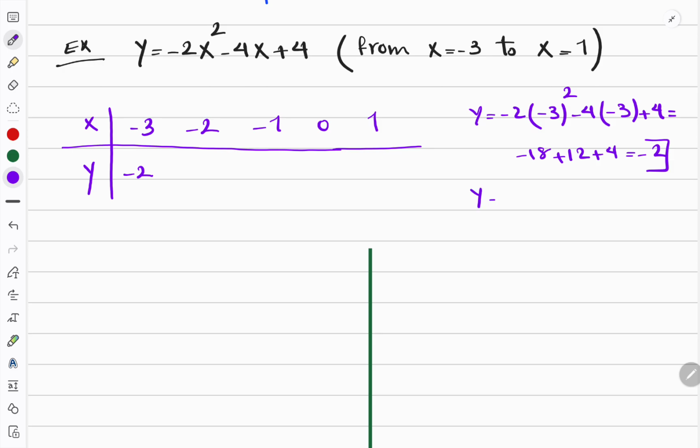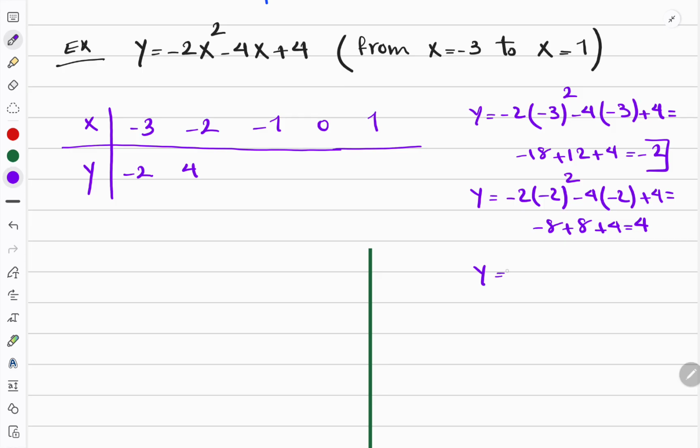And for x is negative 2, negative 8, positive 8 plus 4, which is 4.